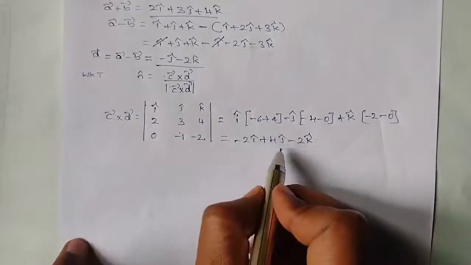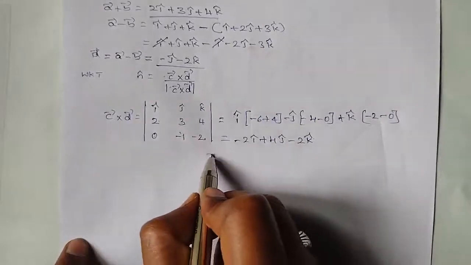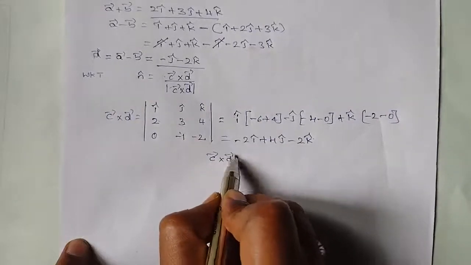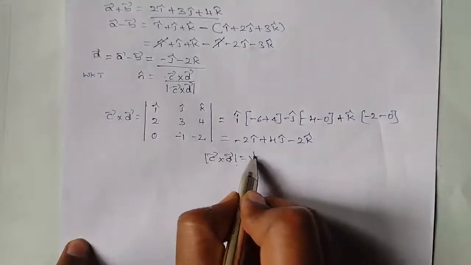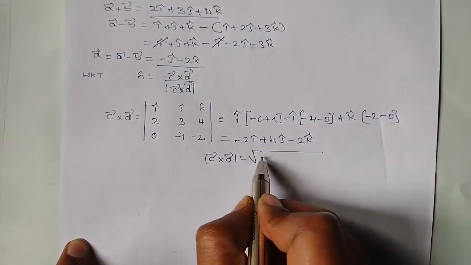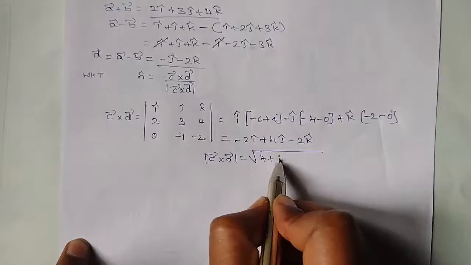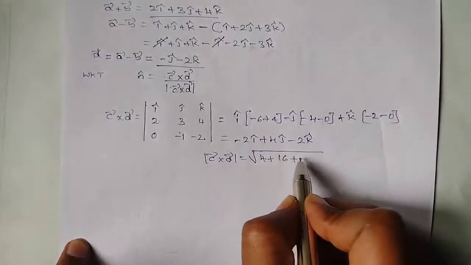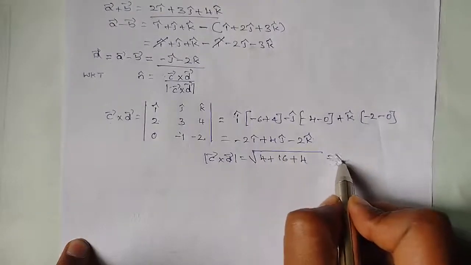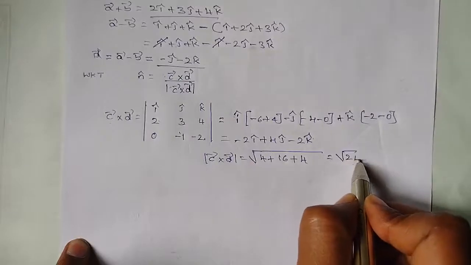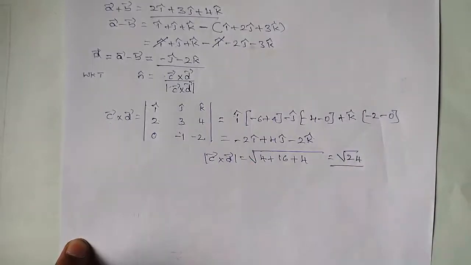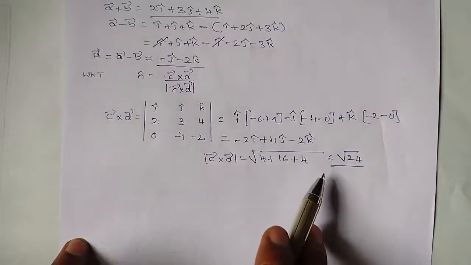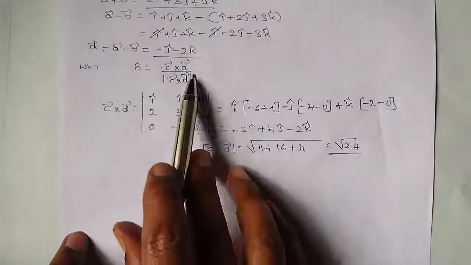What about the magnitude of this vector? The magnitude of c vector cross d vector is equal to the square root of 2 square, which is 4, plus 4 square, which is 16, plus 2 square, which is again 4. This equals the square root of 24. So substitute c vector cross d vector and its magnitude into the unit vector.